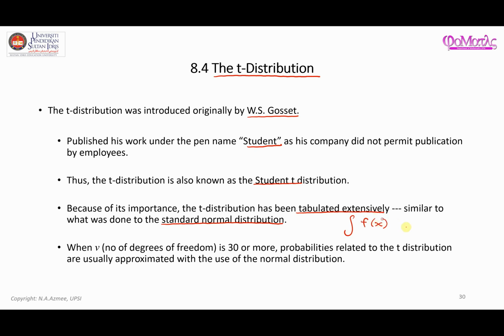Let's say the probability density is given by f(x). You don't need to do this process here because the result of the integral is already tabulated in the t-distribution table. Usually when the number of degrees of freedom is 30 or more, the probabilities related to the t-distribution are approximated with the use of the normal distribution.